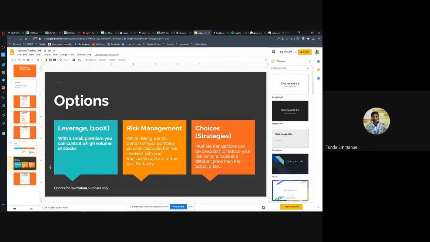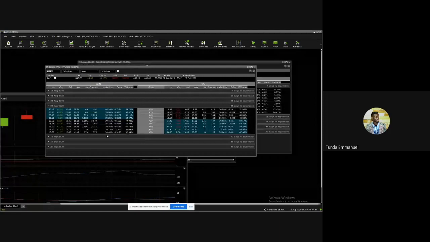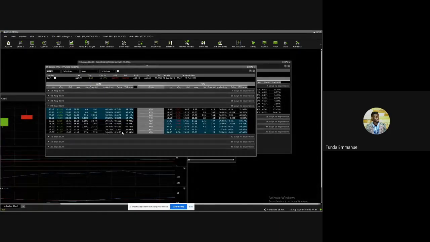As I told you, for example, with the implied volatility, let's take an example of selling a put. Let's say you want to sell a put for Apple at 470, for example.